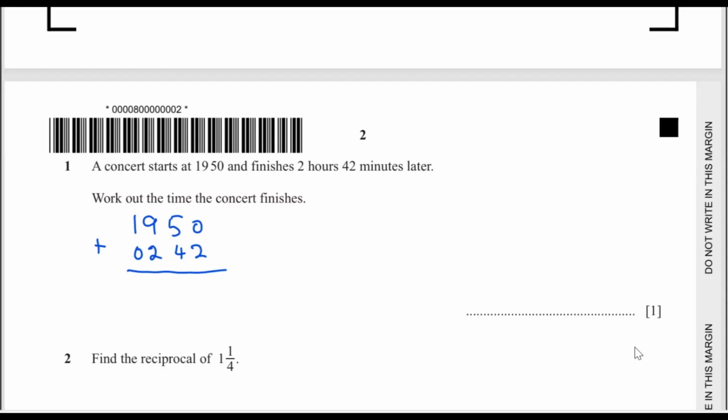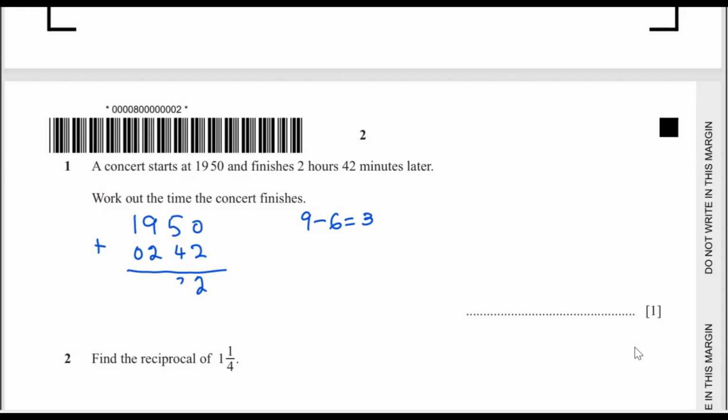And so this is going to give us, this is 2 here. 5 plus 4 is 9. Because 9 is already bigger than 6, we are going to subtract that, and that gives us 3.